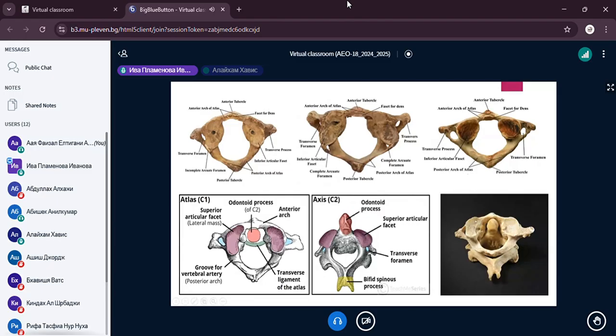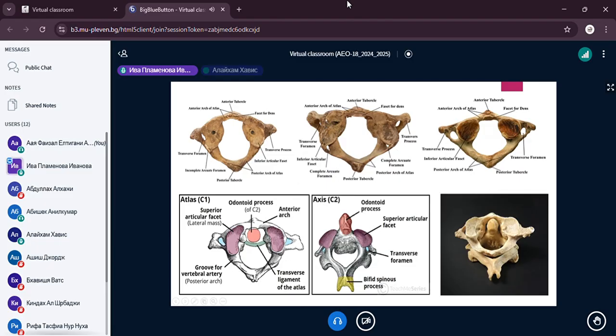And here on the superior side, we have one superior articular facet for the condyles of the occipital bone. For the skull, yeah. And that's the inferior view.